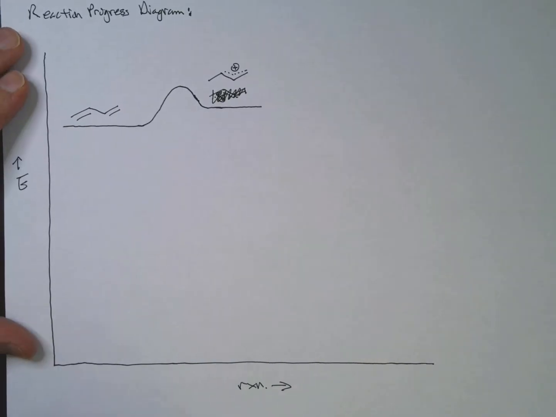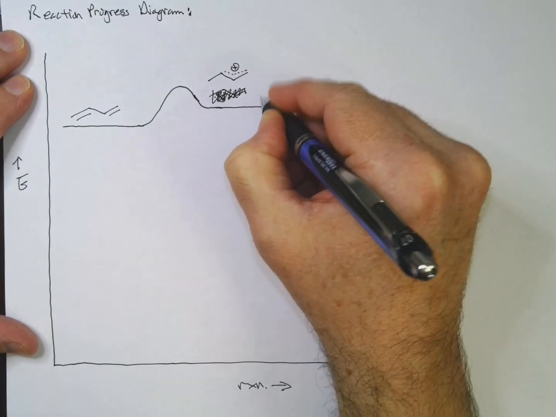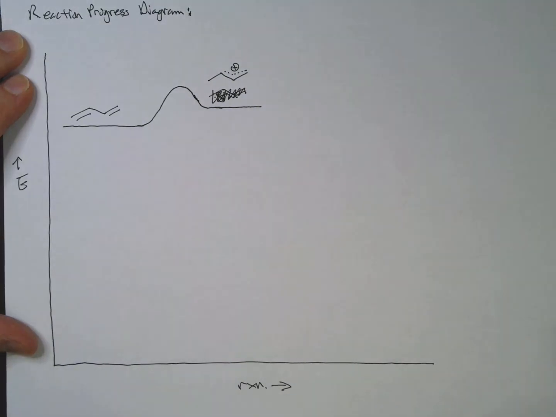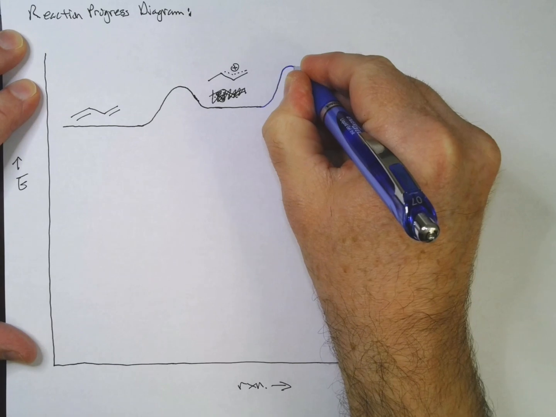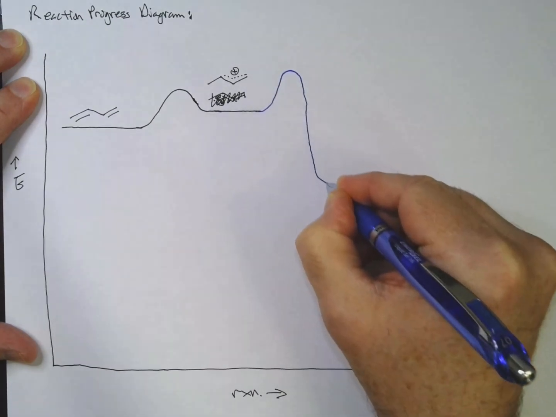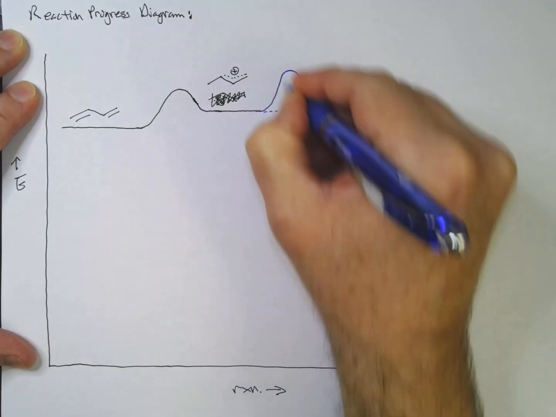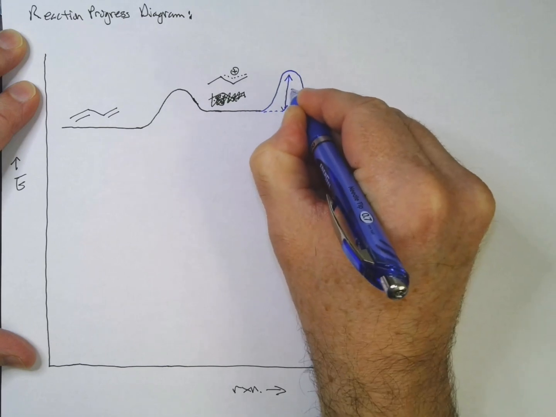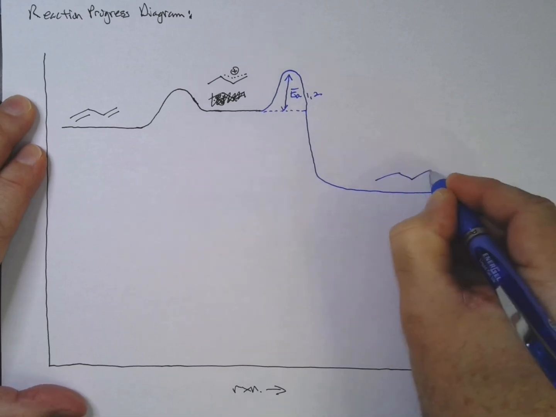Sorry about that. And then I'll go ahead and I'll have two possibilities. And maybe I'll go ahead and do these in a couple different colors. So we'll have one possibility in blue here, which is, we'll have a certain activation energy. So this will be EA12, and then we'll get our 1,2 product.